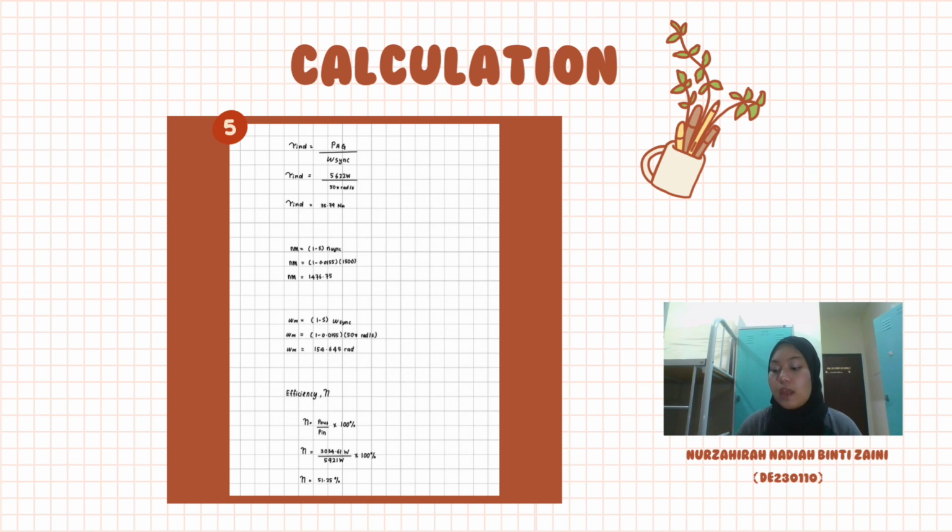The formula of Nm is equal to (1 minus slip) multiply N sync. So the value of Nm is 1476.75. Next, we need to find the Wm. The formula of Wm is (1 minus slip) multiply W sync. So the value of Wm is 154.645 rad per second.